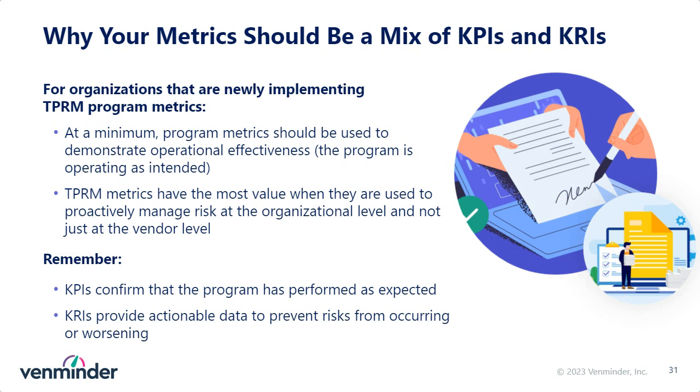But really, the value of this type of reporting is not just demonstrating what we've already done and reacting to that, but to really use these metrics to drive good risk management, right? So we want to look at what the risks are of the program not performing as it needs to for whatever reason, and we're doing that at the program level, not the vendor level.